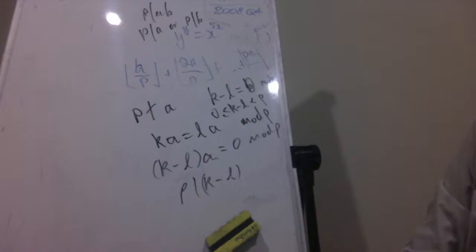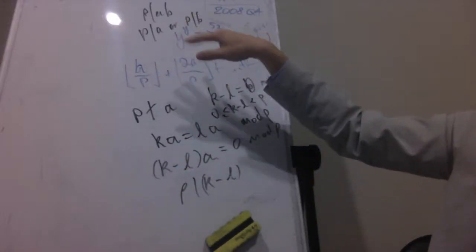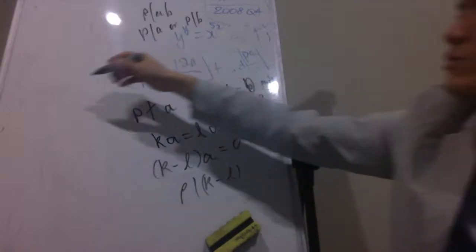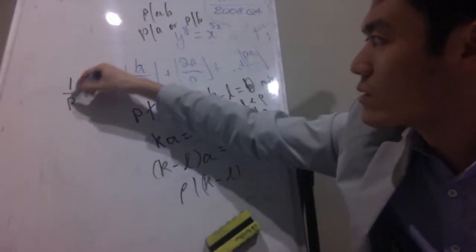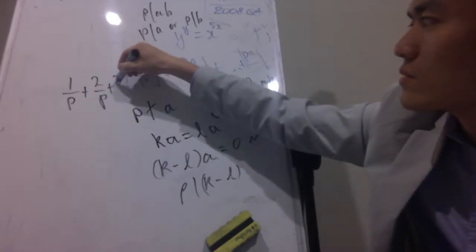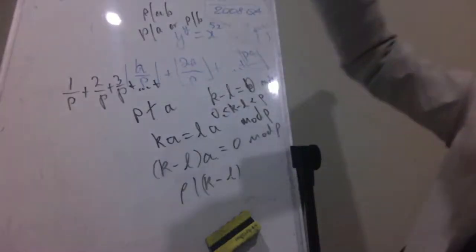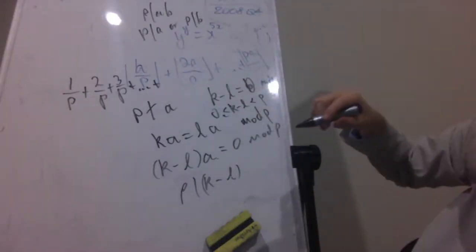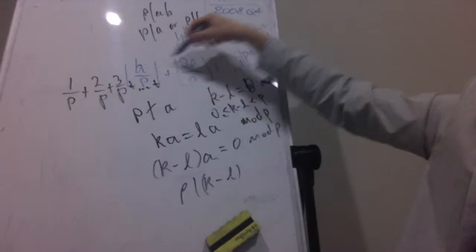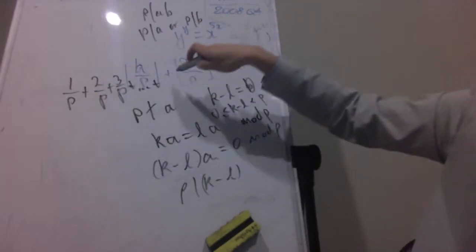We don't necessarily know what order it is, but we know that when we add it up, we're losing 1 on P plus 2 on P plus 3 on P. Because all the remainders are different, there has to be one of each remainder in each of the terms. So the floor thing takes away exactly that.